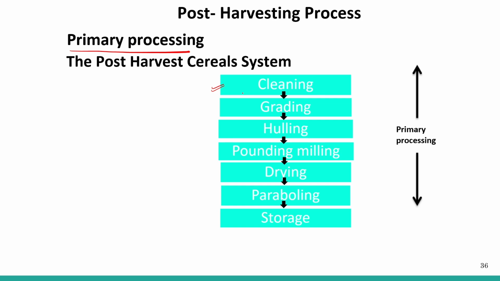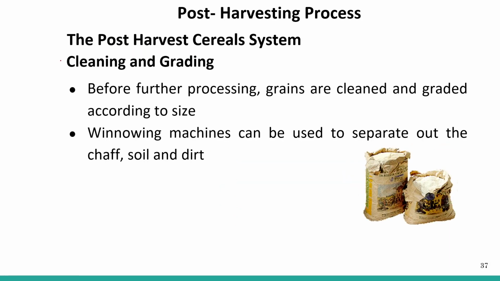Then it goes for grading, hulling, pounding, milling, drying, parboiling, and then storage. These are the different steps that we follow in a sequential manner, and this is called primary processing. So the first one is cleaning and grading.